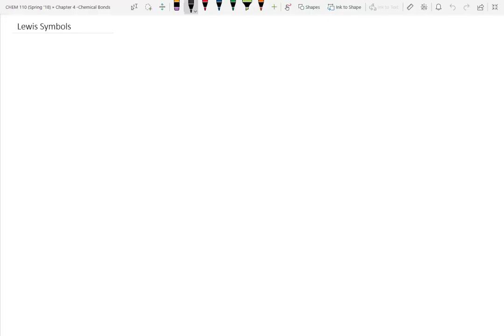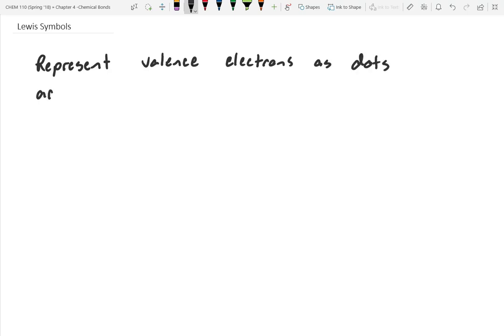How many of you have heard of Lewis symbols? So some of you might remember from high school chemistry. It's pretty simple though. We represent electrons as dots. Actually, I'm going to clarify this. Represent valence electrons as dots around an element symbol.